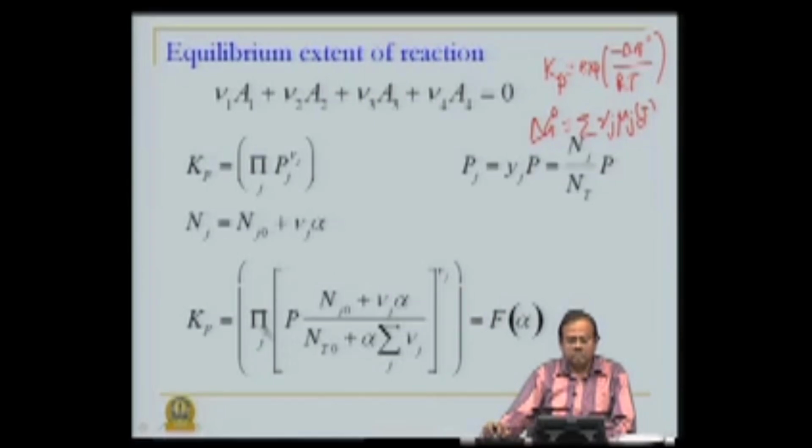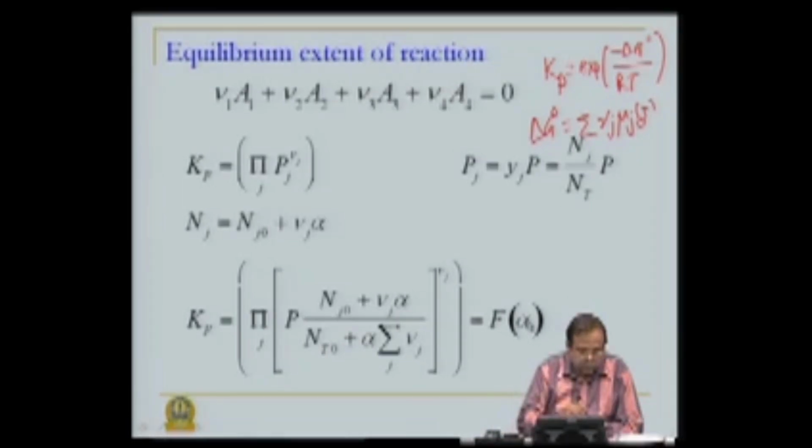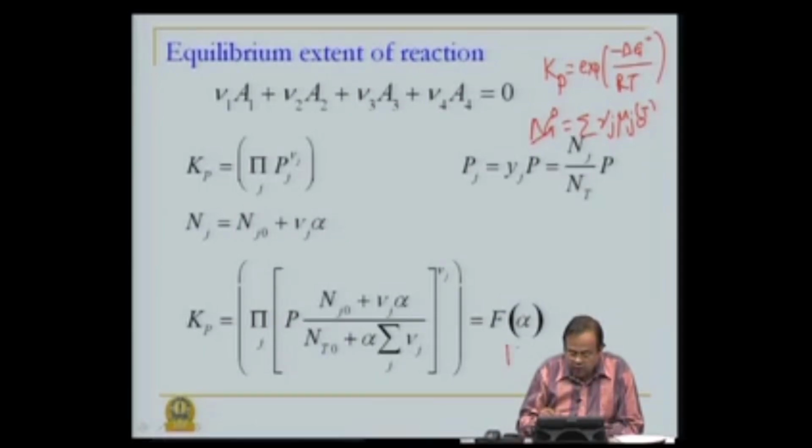I am representing this whole function as some function f of alpha for sake of simplicity. So, knowing this value, we can solve this function for alpha and get that value of alpha e. Our alpha e will be Kp equal to f of alpha e.